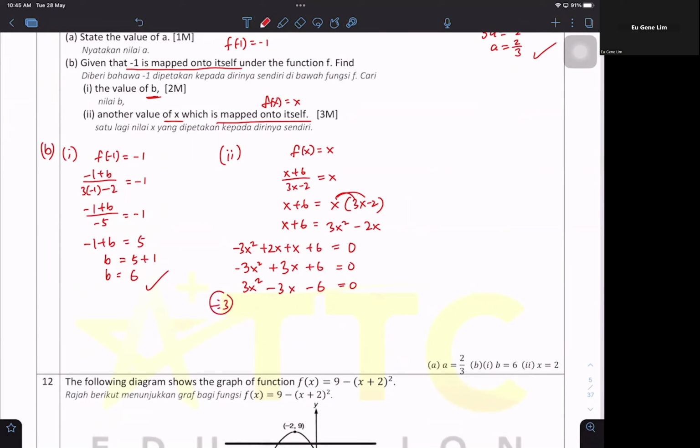Very good. Divide by 3, so x squared minus x minus 2. Then you press calculator, and you will get 2 and -1. Done. Nice.